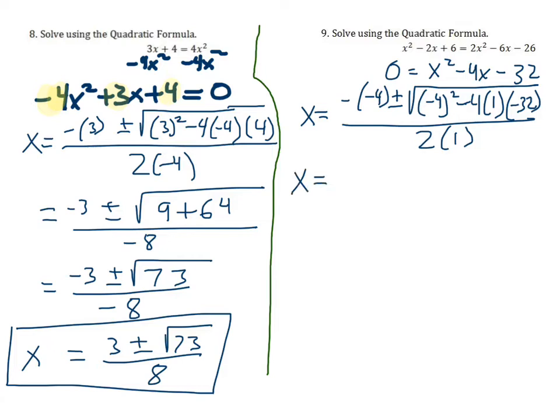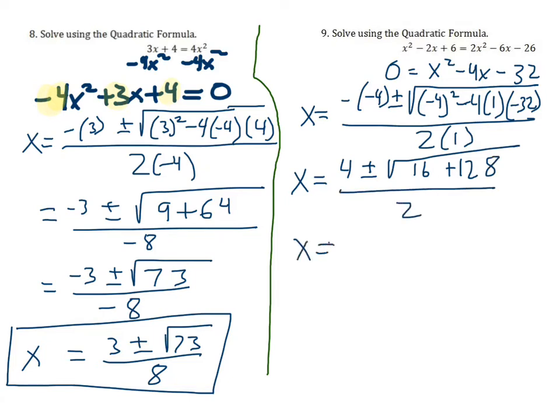Alright, x equals 4 plus or minus, we got 4 squared is 16, minus negative 4 times a negative 32, that's going to be 128, times 1, it's going to be positive, all over 2, and so that's 4 plus or minus 16 plus 128 should give us 144.